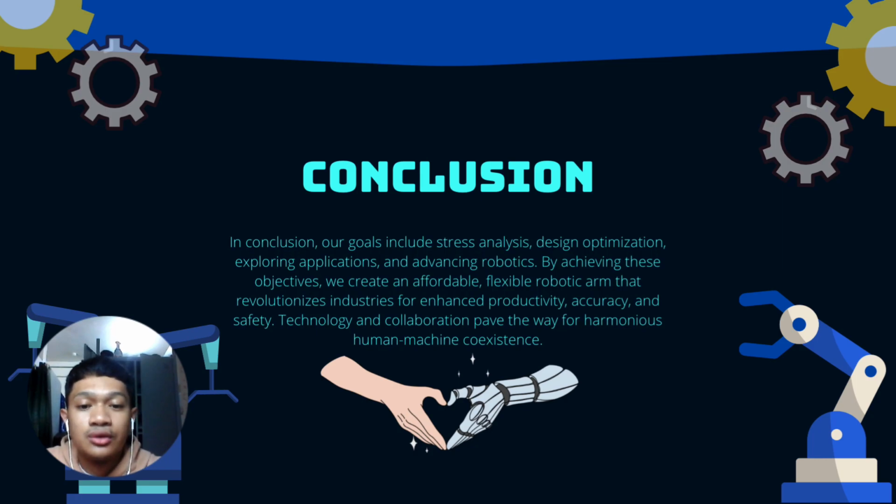So we believe that from this project, robotic arms can improve their function and manufacturing materials so that they can withstand higher loads and function well in the future. Technology and collaboration pave the way for harmonious human-machine coexistence so that we can benefit from each other and improve to get the best outcome possible.